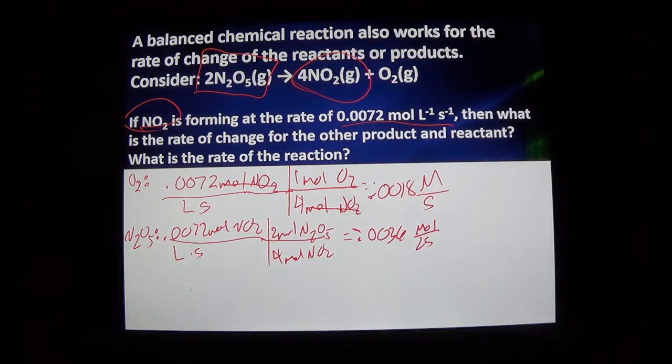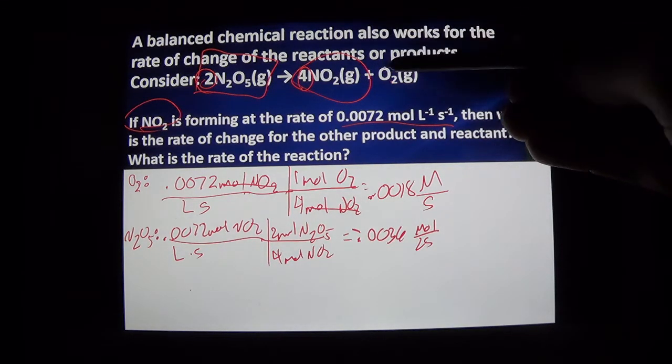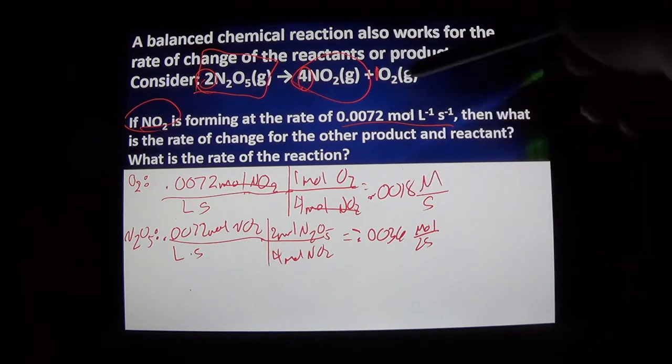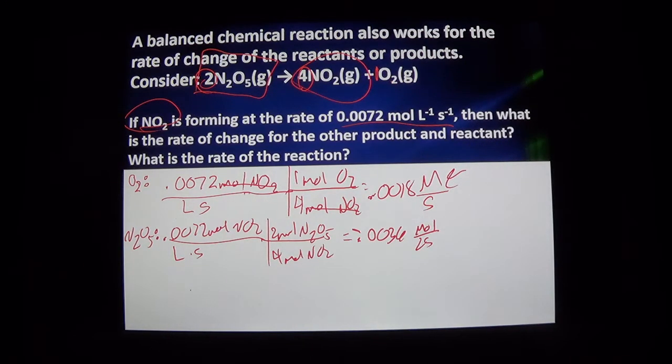Okay. Now the last thing I'm asked in this question is, what is the rate of the reaction? That is the overall rate of the reaction. We define the rate of the reaction to be per mole. Not per 2 moles or per 4 moles, but per mole. Well, our oxygen is already per mole, per 1 mole. So for our oxygen, that is also the overall rate.